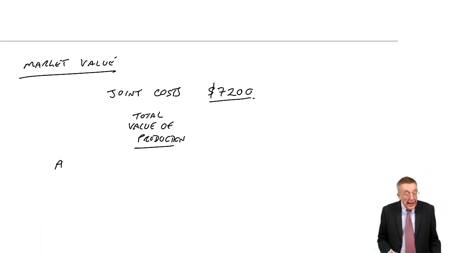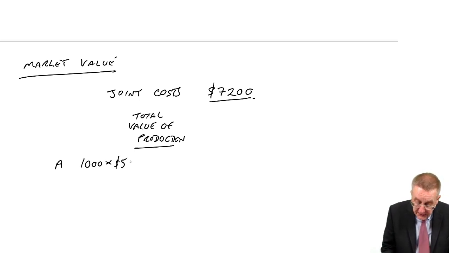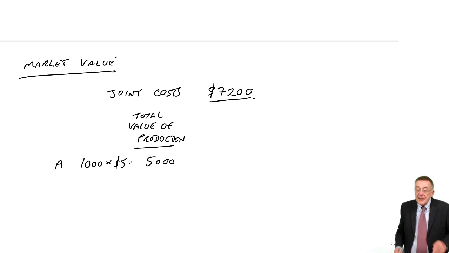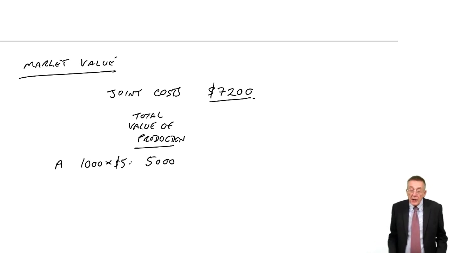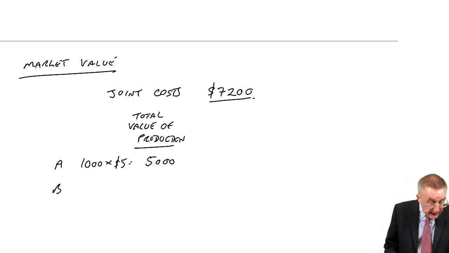And so where are we? A, we produce 1,000 kilos. Its selling price is $5. And so what's coming out of our tank is $5,000 worth of A. What about B? 2,000 kilos, the selling price is $2.